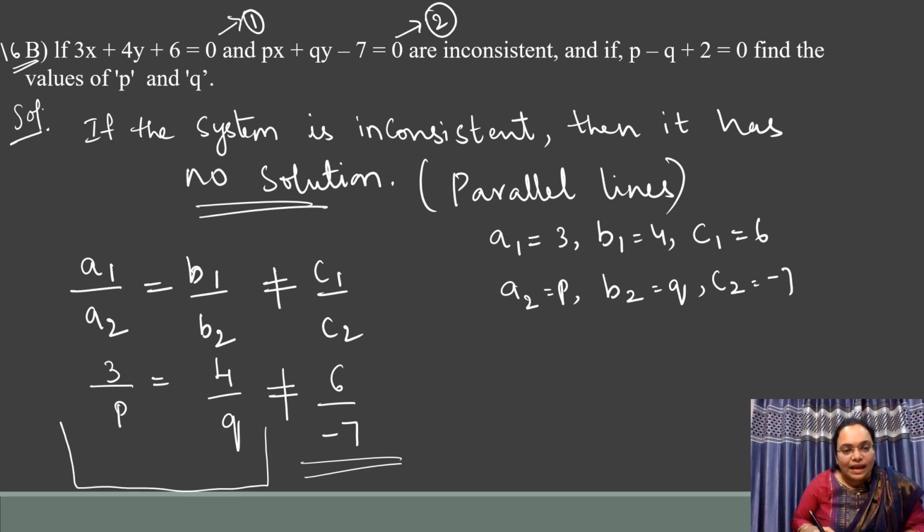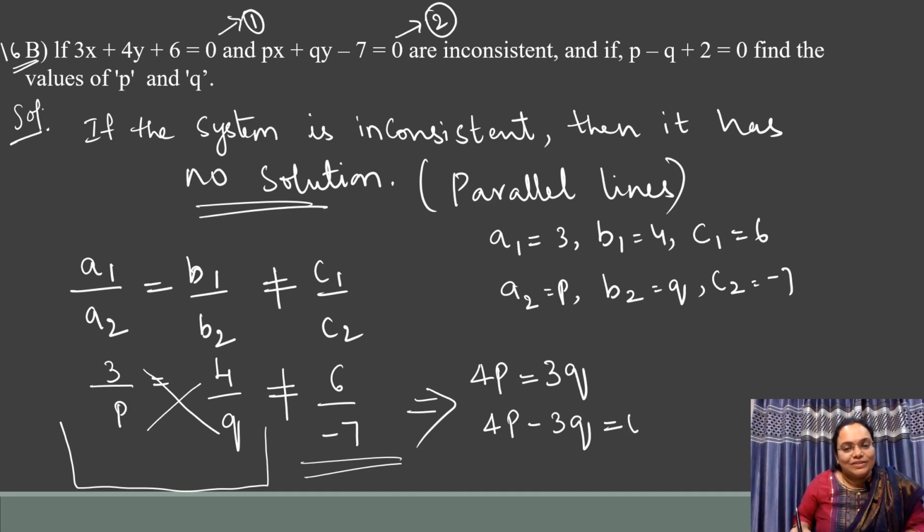So when you take these two, you will cross multiply. If you cross multiply this, the equation will be 4p is equal to 3q. Okay, so if you get 3q to the LHS, 4p minus 3q is equal to 0.